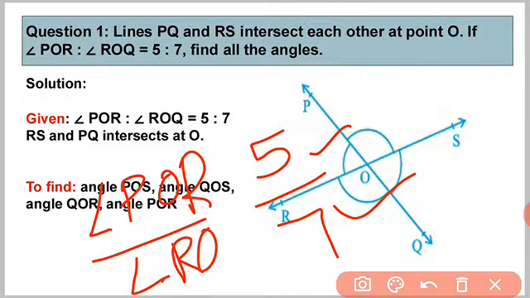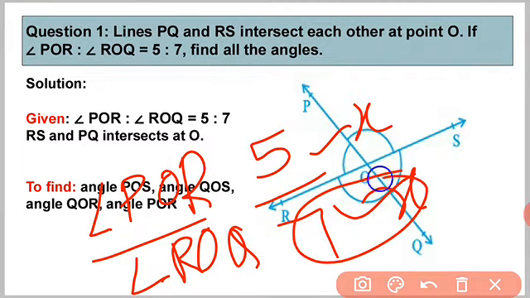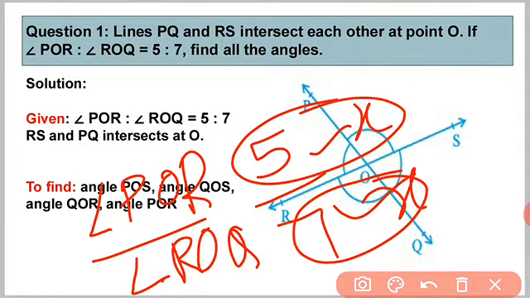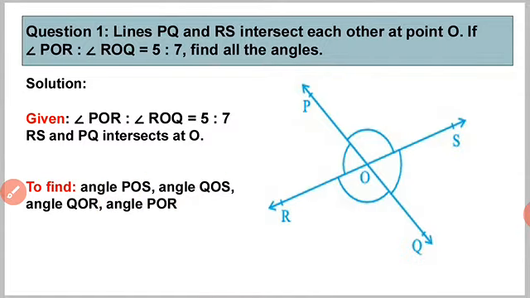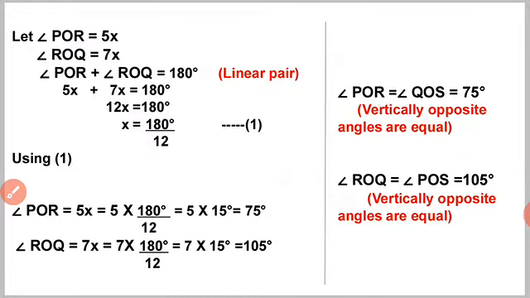We don't know this common number, so we take it to be x, which is a factor. So angle POR will be equal to 5x and angle ROQ will be equal to 7x.